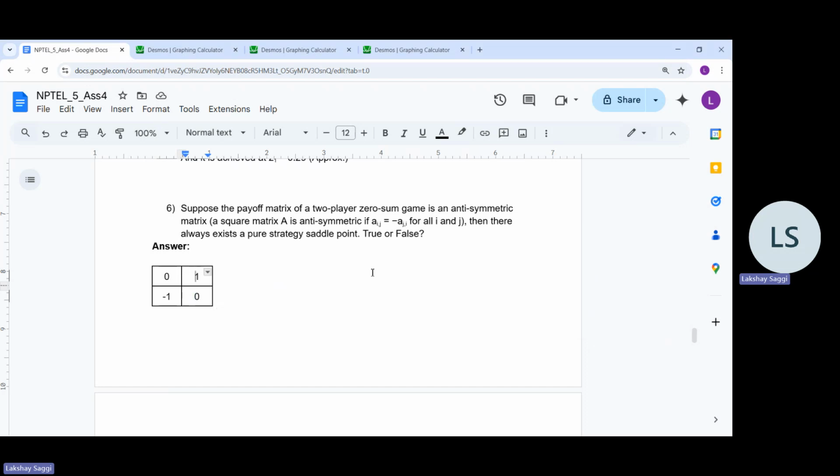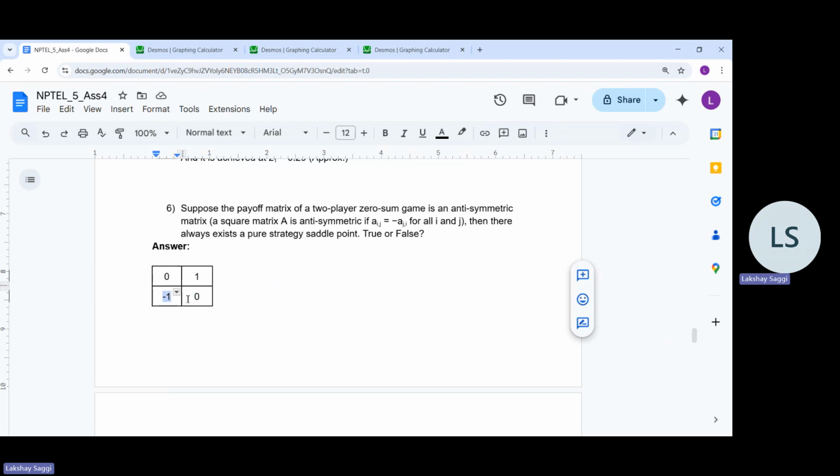Now maybe we can look at the column player's perspective, finding out the max min. So maximum over all columns of the minimum over all rows value. If the column player chooses column one, then the row player wants to minimize the value, so the row player will choose this minus one. And if the column player chooses column two, then the row player will choose this zero.